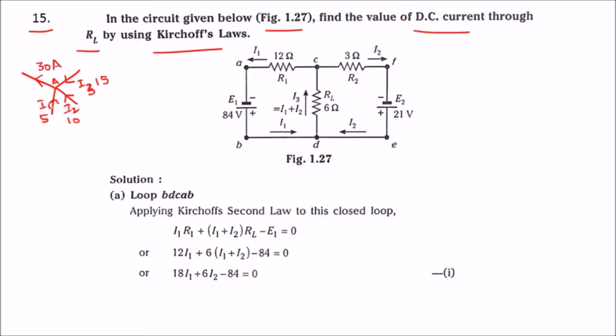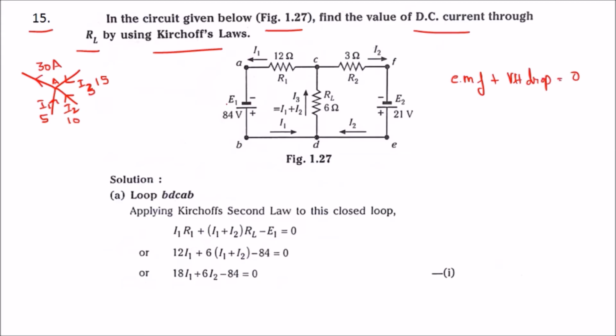The Kirchhoff voltage law states that the algebraic sum of all the EMF plus the algebraic sum of voltage drops is equal to 0. So that is EMF plus voltage drop is equal to 0.